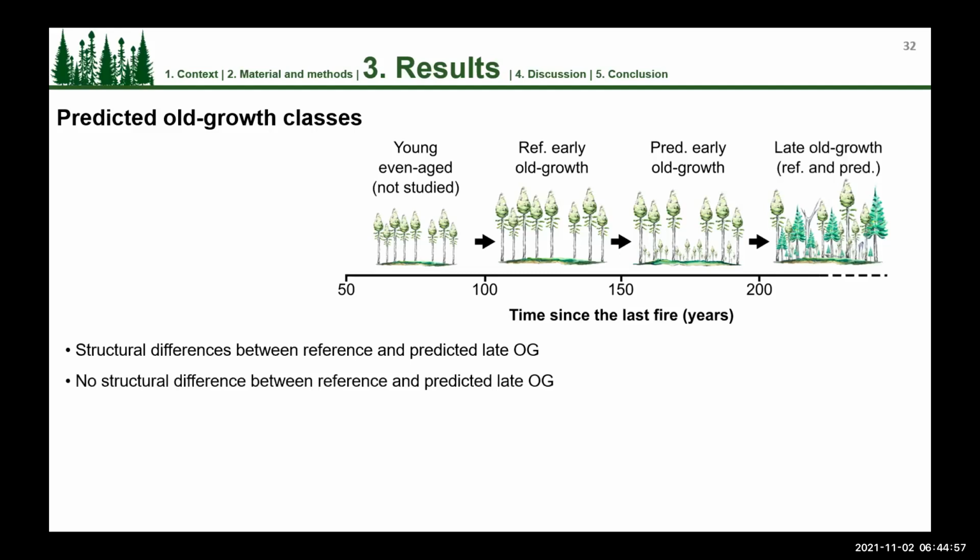However, for the late old growth forests, we observe no structural differences between the reference and predicted plots, meaning that this model was very efficient to identify forests which were at least older than 250 years.